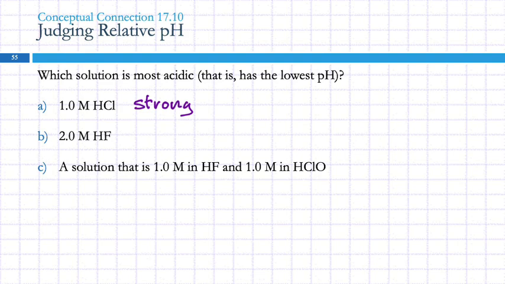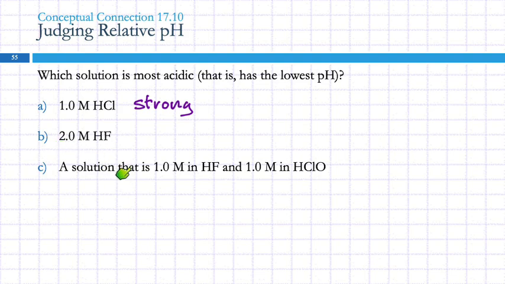So how much do weak acids ionize? Not much. You said it right. Not much. So, we're talking 5, 10% maybe, really small. So here, the total acid concentration is 2 molar, but these are weak acids. Here, the total acid concentration is 2 molar, but it is also a weak acid.